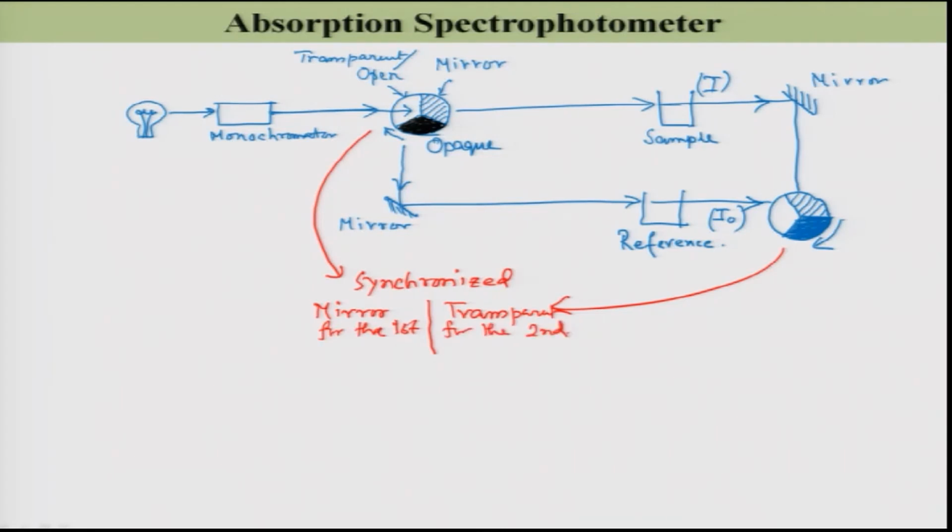That means, when this light is reflected in this direction, right, hope you will follow here, then this light will pass through this transparent region, right, and will be detected by this detector. So, you will be able to measure the intensity.